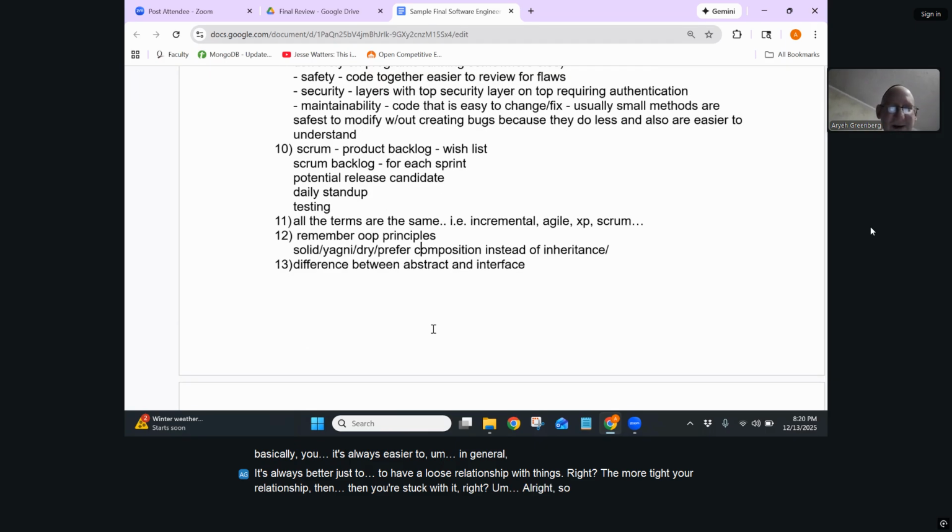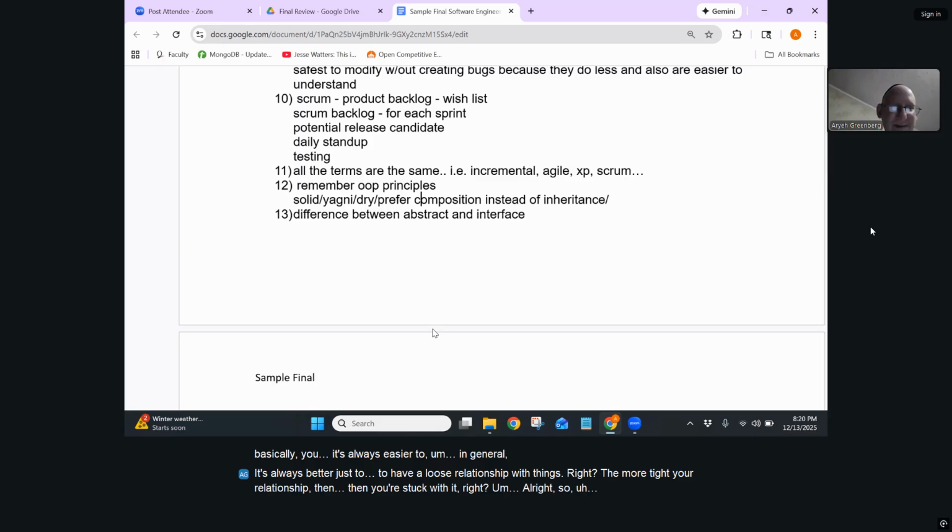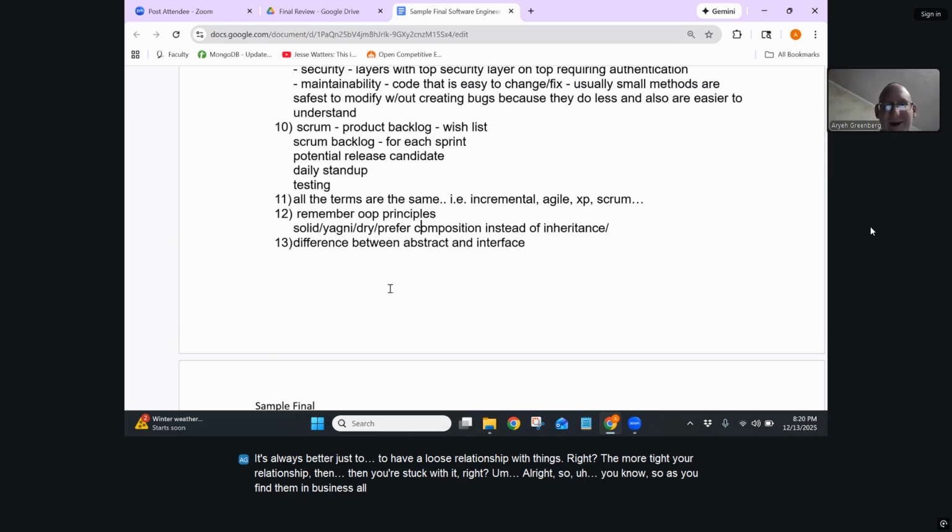So you find in business all the time, by the way, that businesses would rather outsource things rather than being stuck with them, right? Like my company, they outsource a lot of the human resource stuff because if they're not happy, they don't have to fire anybody in the company. They just get a new company to do whatever the other company did, right?